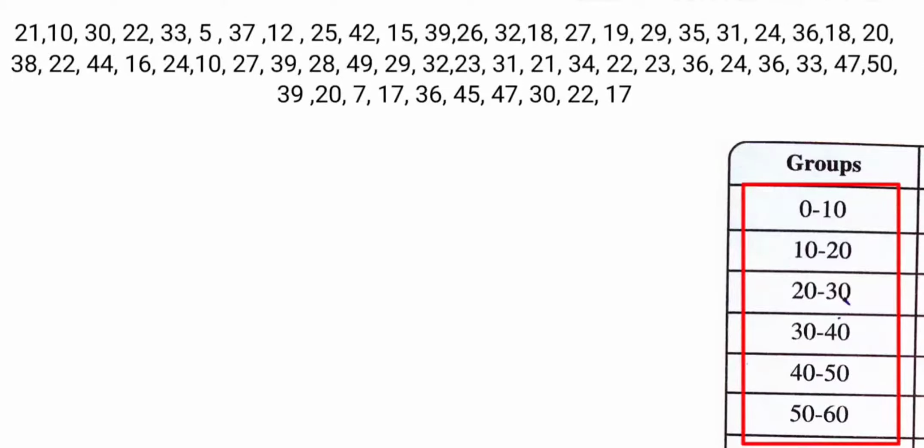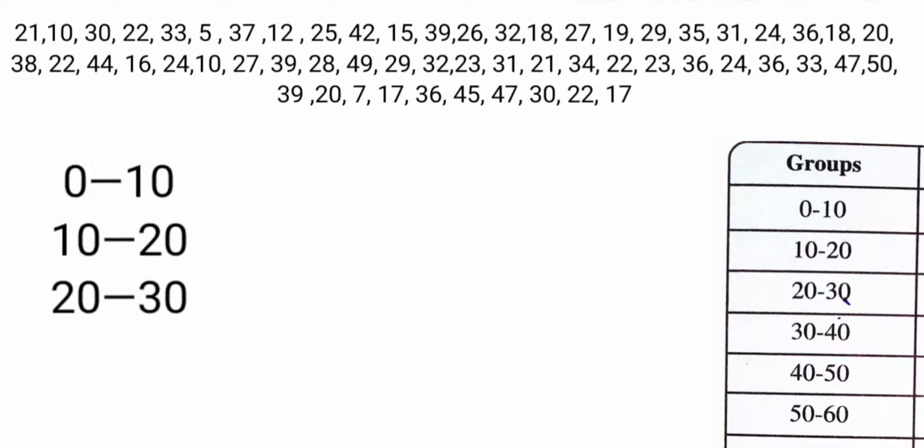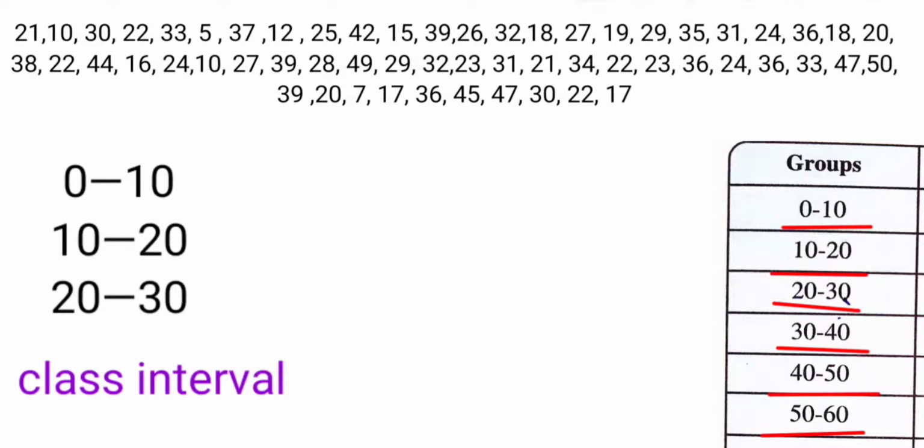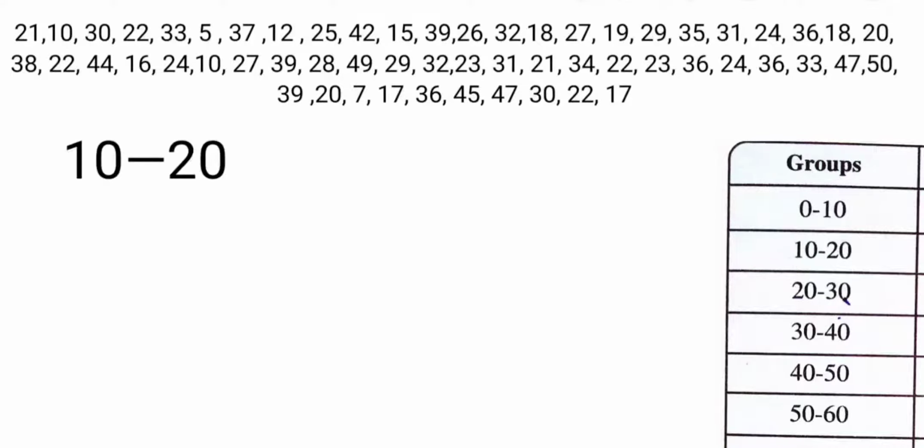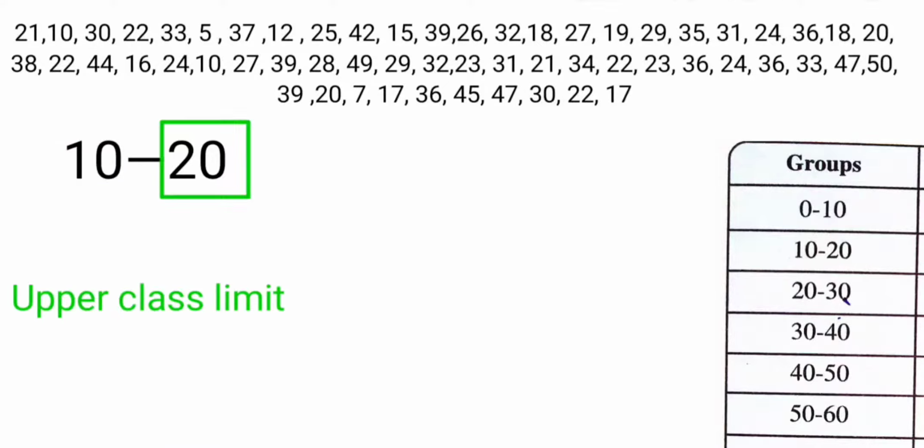First we can rearrange this data in groups: 0 to 10, 10 to 20, 20 to 30. This is called a class interval. So 10 to 20 is a class interval, where 10 is the lower class limit and 20 is the upper class limit.